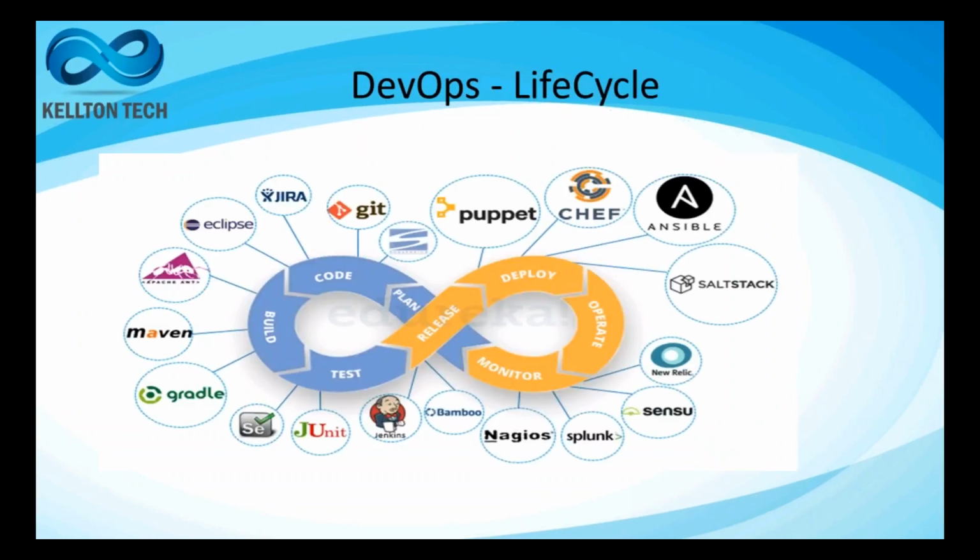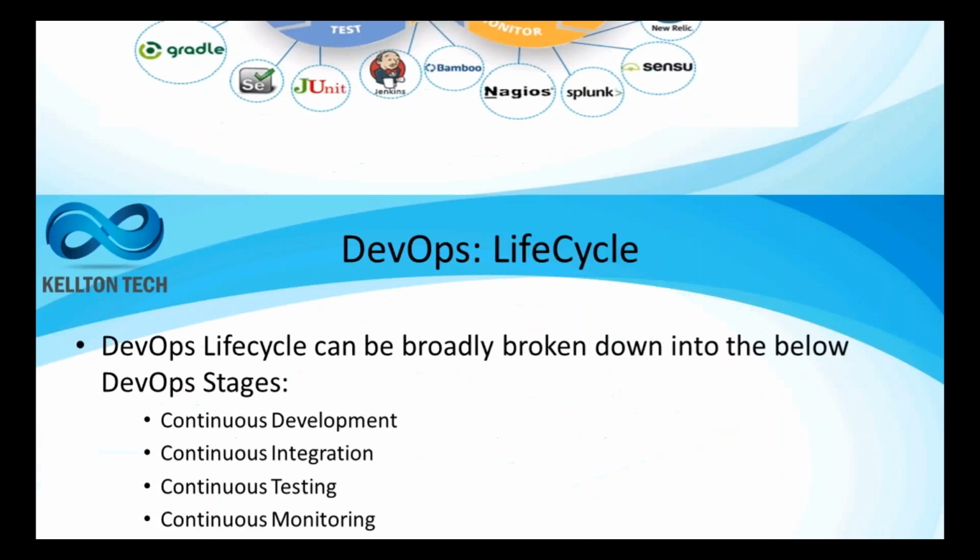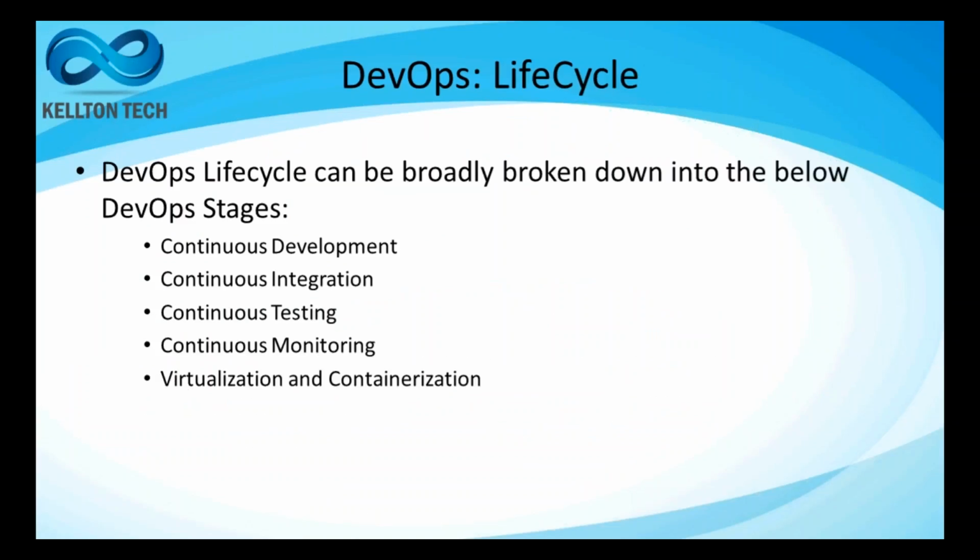In continuous testing, as soon as the code is deployed to the test environment or UAT environment, the continuous testing takes place. There are tools like Selenium and others like JUnit used at this stage.